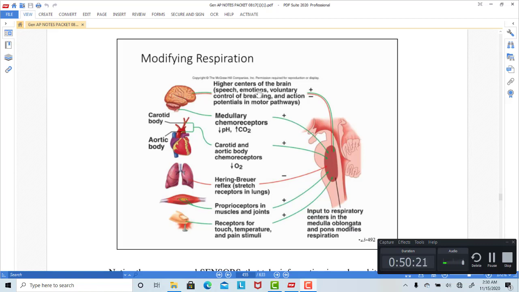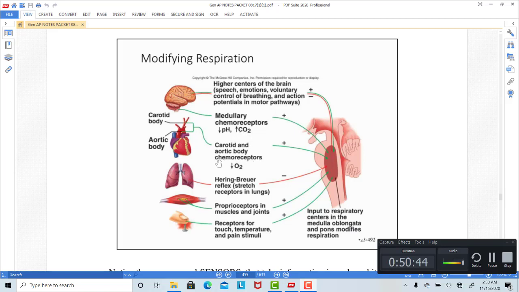For example, your emotions. If you're feeling excited or scared or angry, that's going to increase the respiratory rate. If we have a low pH or a high CO2 level in the body, that's going to stimulate chemoreceptors in the medulla, and that's going to increase the respiratory rate in order to get rid of that excess CO2.